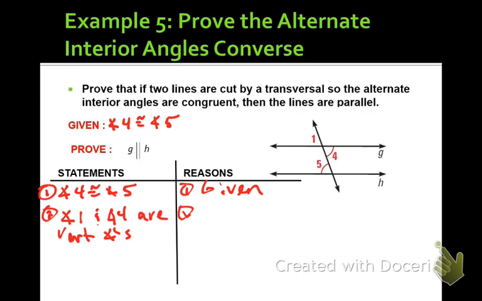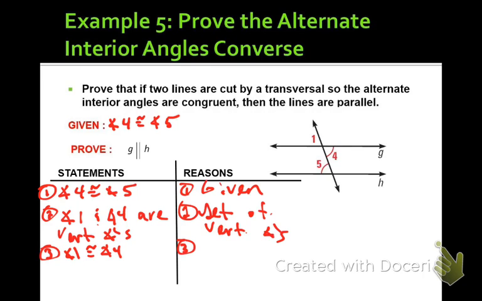And that's by the definition of vertical angles. And now because 1 and 4 are vertical angles, then we know that 1 and 4 are congruent. That's by the vertical angles congruence theorem. I'll abbreviate it as vertical angles congruent.